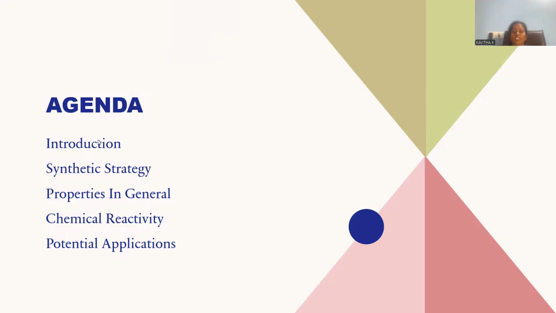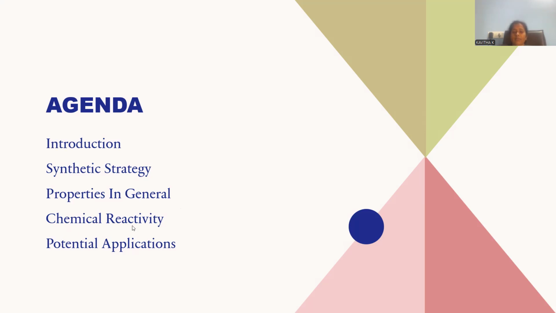Let me go through the agenda of the session. Introduction for this compound is provided first, and then the synthetic strategy: how can we go for a laboratory viable methodology, the synthetic protocols to manufacture the compound on the laboratory scale. Then what the properties are in general, how it looks, what odor it exhibits, the melting and boiling point values, and when it is added with certain reagents, what kind of chemical activity is exhibited by the molecule.